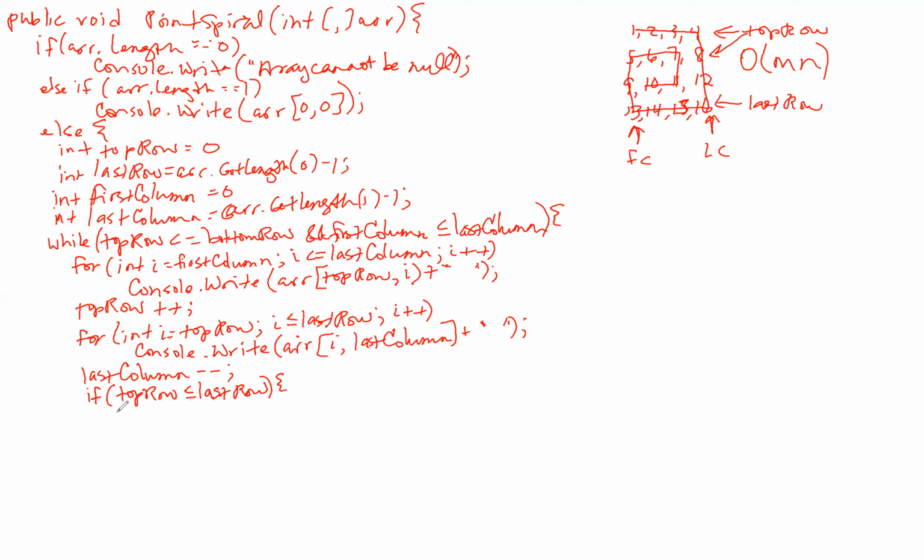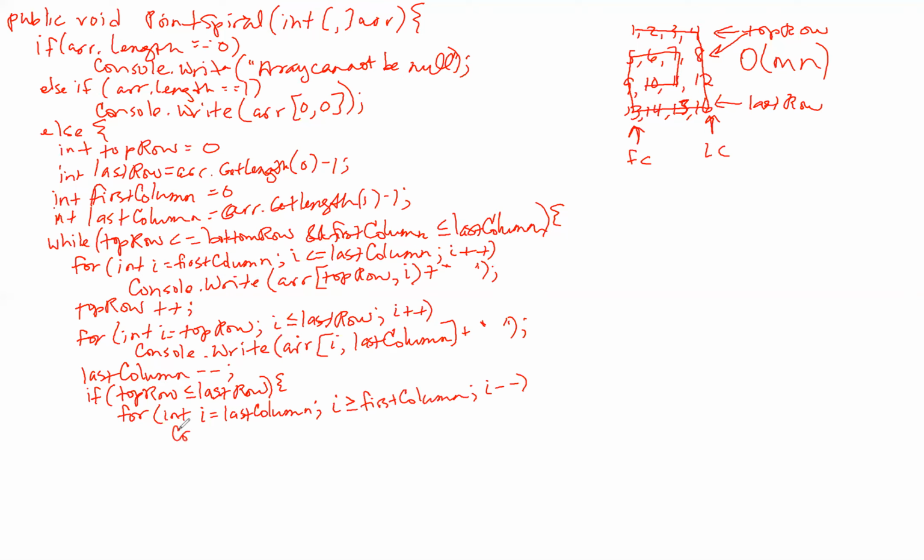Okay, so now we're going across from the last column to the first column. So int I equals last column; I is greater than or equal to first column; and then I minus minus.